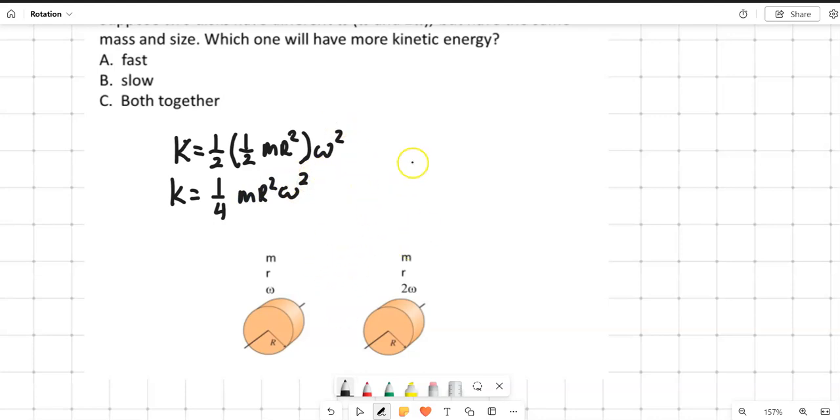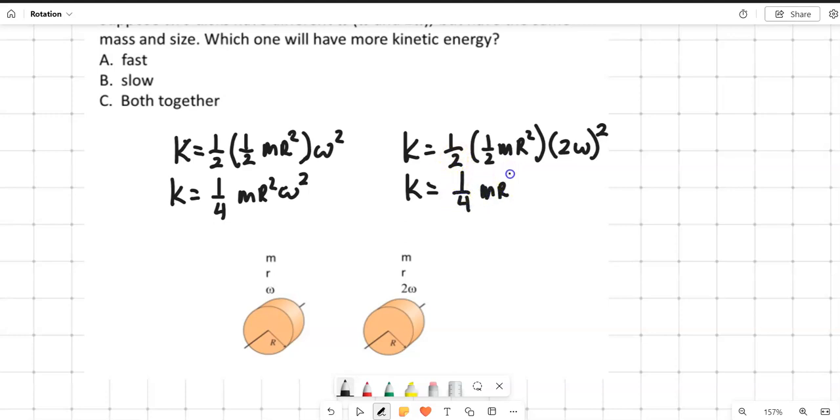The object on the right is also 1/2, and it's also got the same moment of inertia, but it's spinning at 2 omega squared. All right. So this guy's kinetic energy is going to be 1/4 mr squared, but this is 2 squared and omega squared, so that's 4 omega squared. The 1/4 and 4 are going to cancel each other out, so this is going to be equal to mr squared omega squared. It's kind of like saying 1 mr squared omega squared.